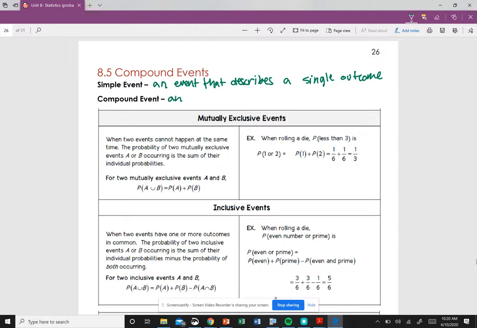So an event made up of 2 plus simple events. I feel like I should draw an arrow up instead of a plus sign because it looks like a T.